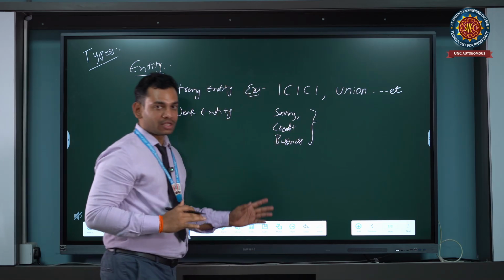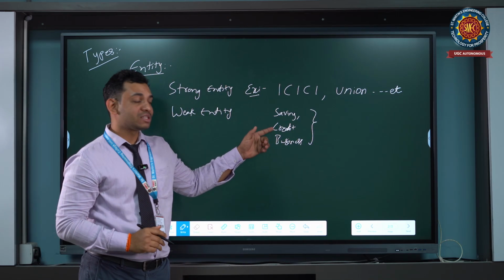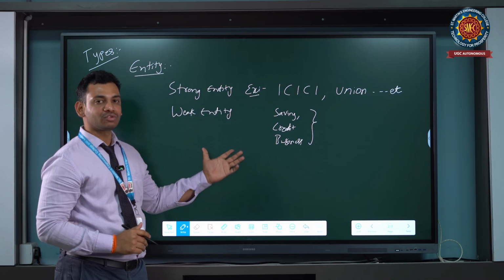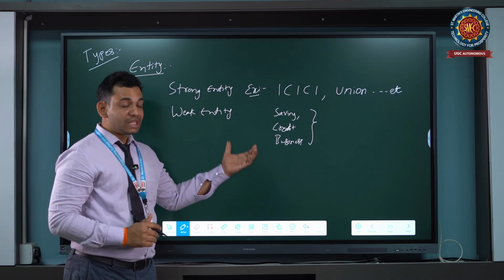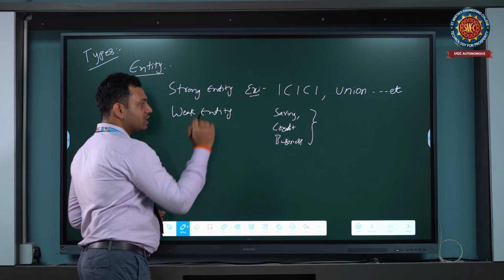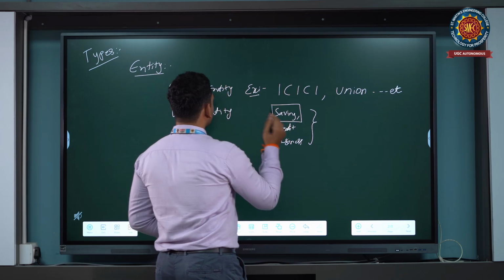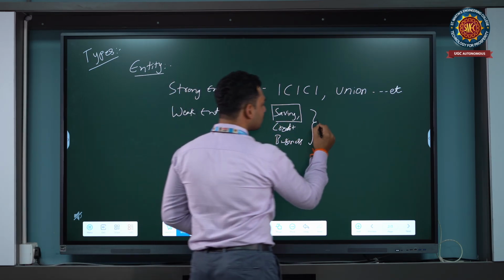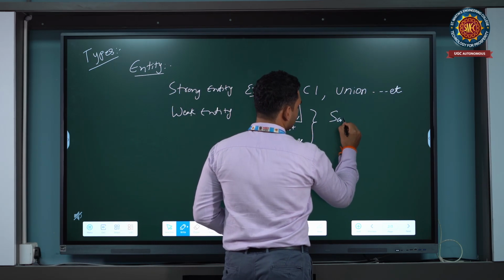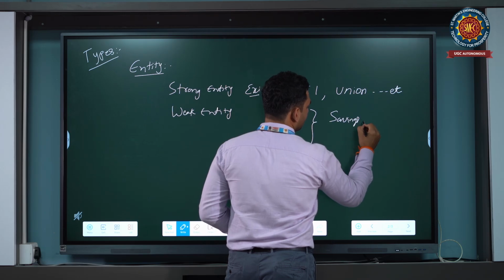These we can individually define as an entity. In a savings account, what do we perform? So savings is an entity. So strong entity is savings account.